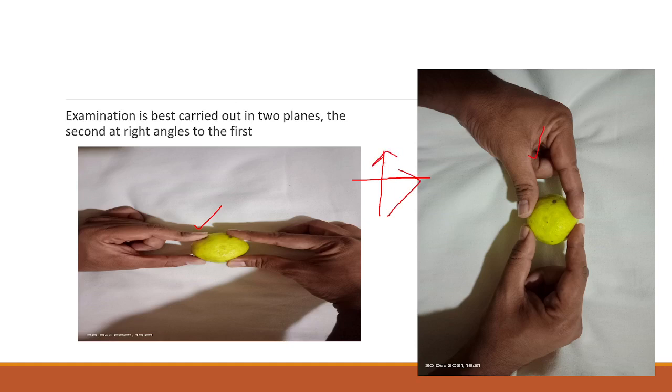The angle between these two is 90 degrees, which we call a right angle. So the examination should be carried out in two planes, and the second one should be at right angles to the first, mind it.